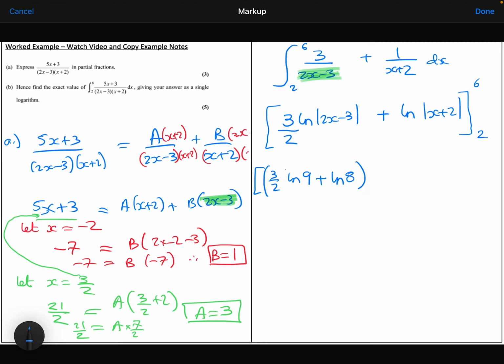So that's me substituting in the 6. Now let's substitute in the 2. So 3 over 2 ln(2 times 2 minus 3), which is 1, and ln of 2 plus 2, which is 4.